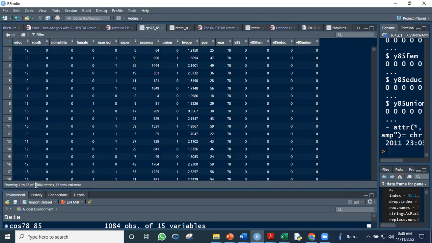Why am I saying 542? Kasi there are 1,084 entries at 2 years ito, 78 at saka 85. It means for 1978, 542 entries for the different individuals. And then nung 1985 kinuha ulit, I think, wait tingnan natin.